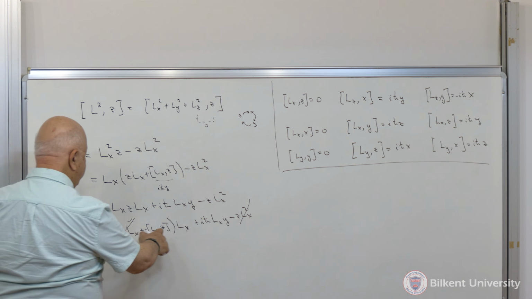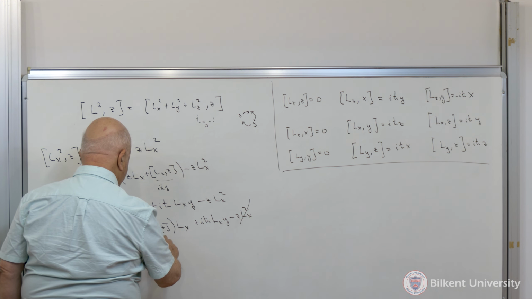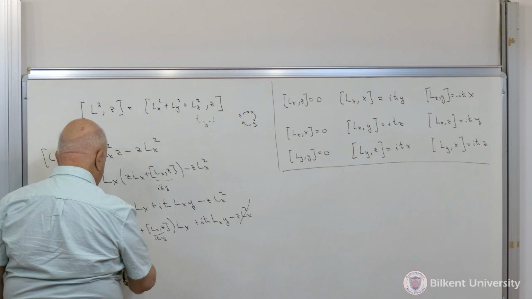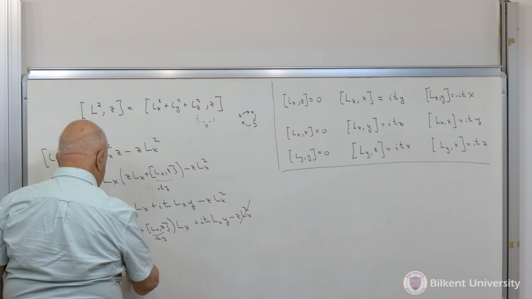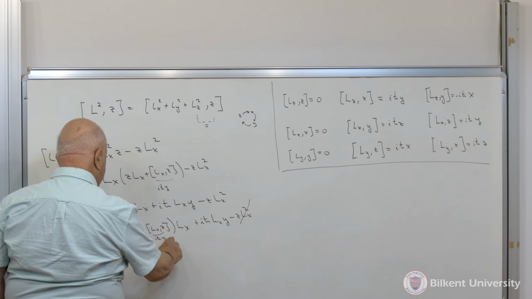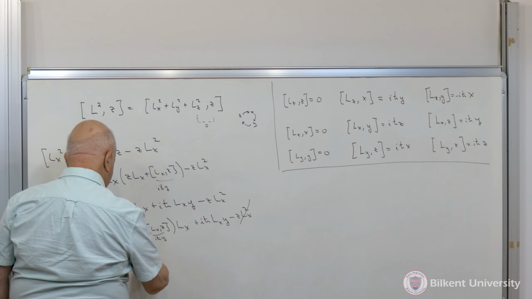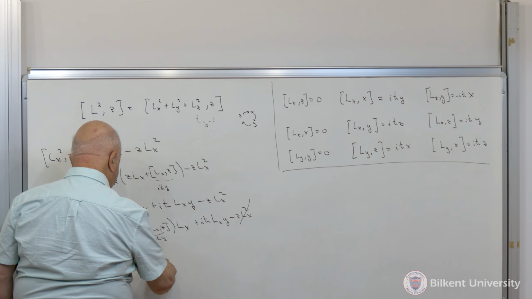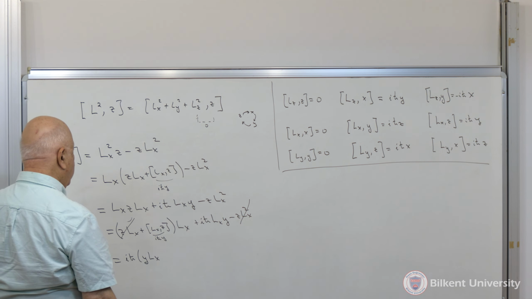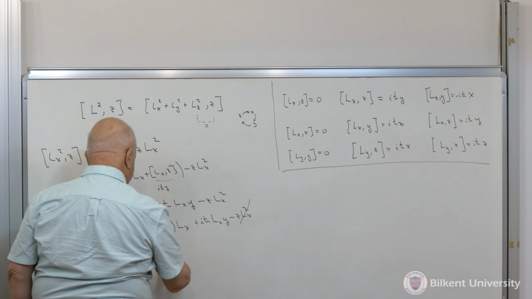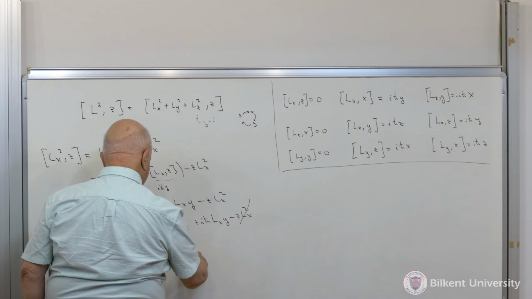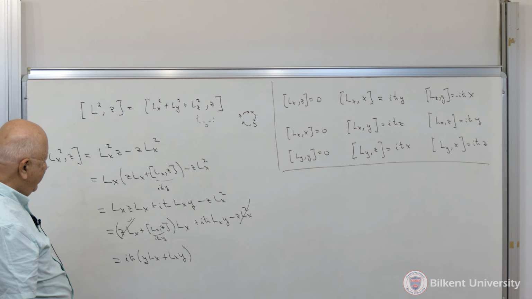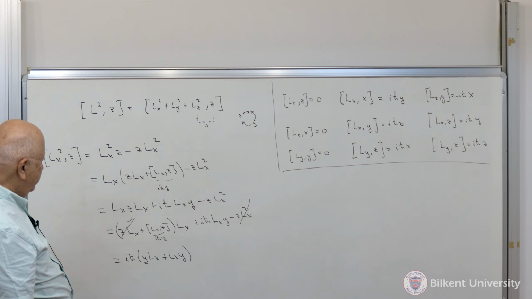And Lx with z was i h bar y. So I end up with something which looks like i h bar y Lx plus Lx y. So it's not a commutator, but just adding these things together.